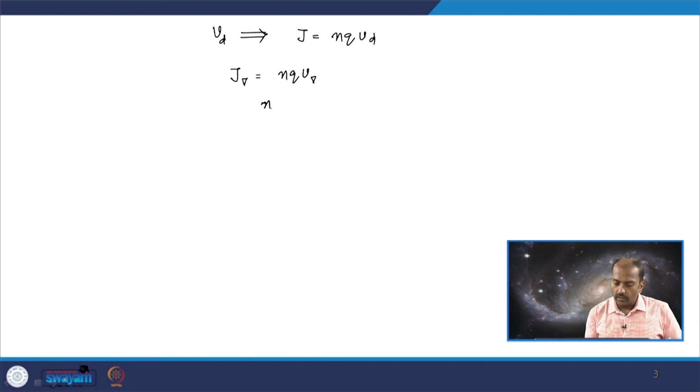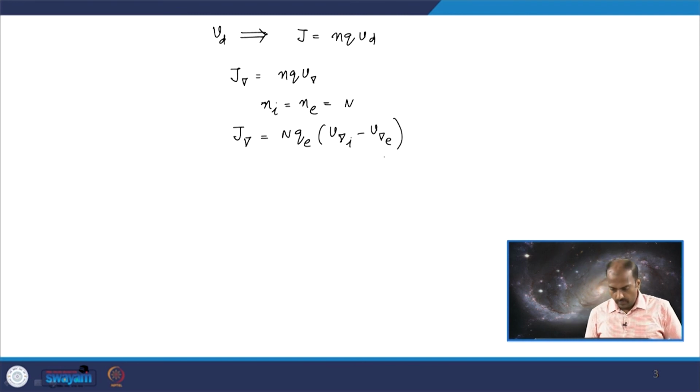Let us say N I, the number of ions per unit volume, equals the number of electrons per unit volume, which equals capital N. We write J del equals N Q E into V del I minus V del E, right.